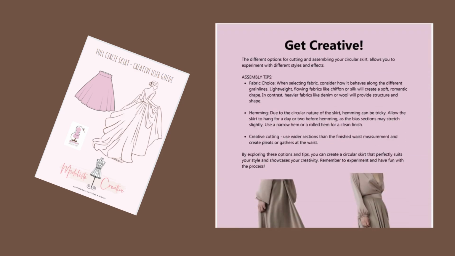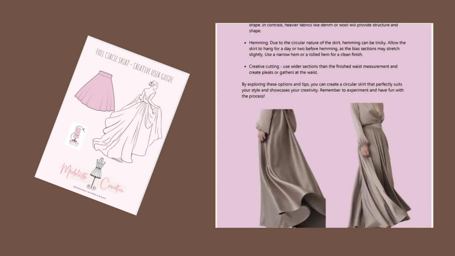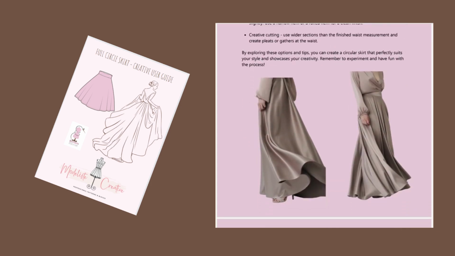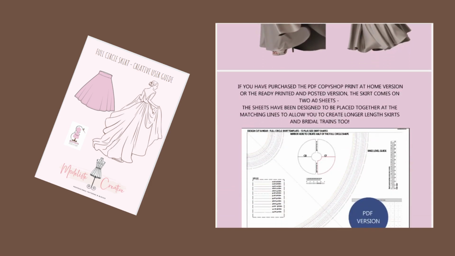I've also got a Get Creative section, and I just wanted to highlight that you don't need to just use the circular skirt shape as a full circle skirt. You can introduce pleats, you can cut double the quantity of waistline measurement you need and gather those skirts up.